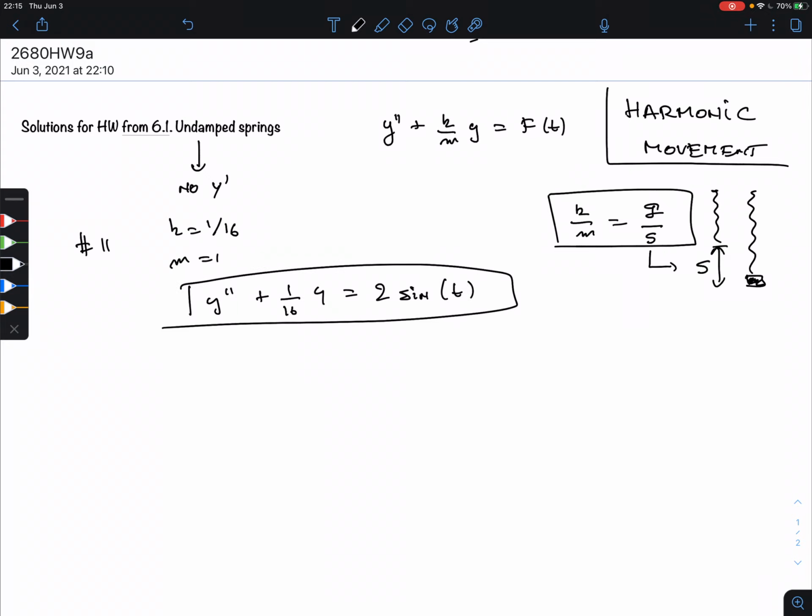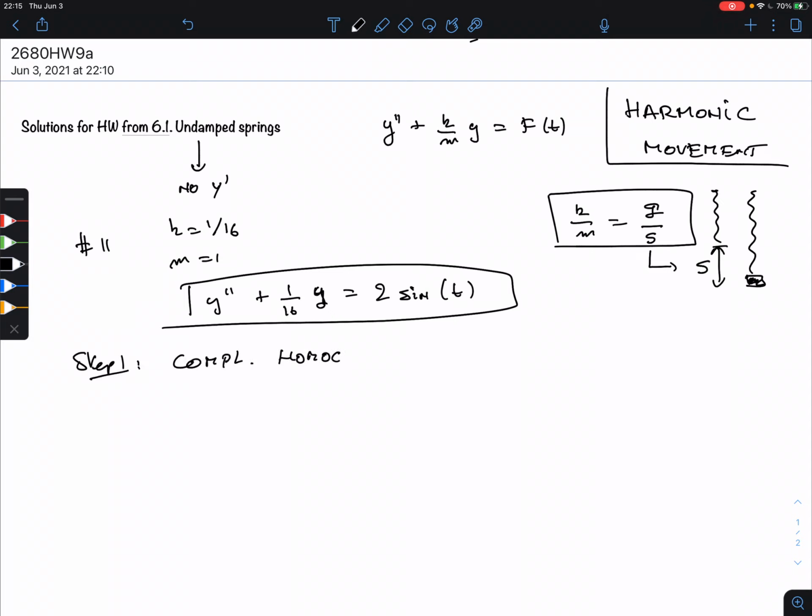And there are some initial conditions. We will discuss them when we get to it. But let's start with this one. It is a second order differential equation with constant coefficients, but non-homogeneous. So we know step 1 would be the complementary homogeneous solution.